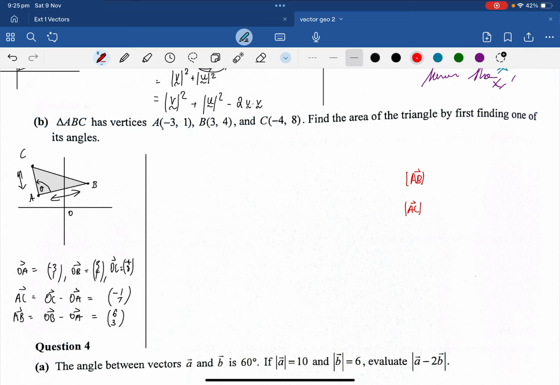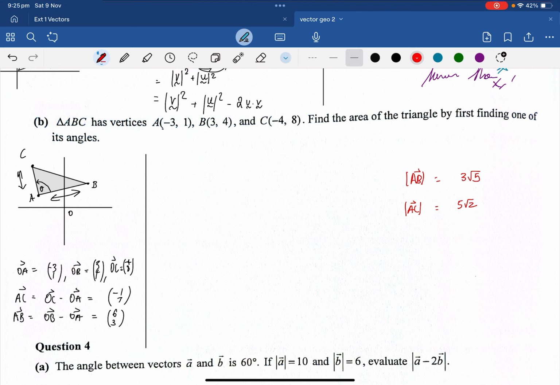AB's magnitude is square root of 6 squared plus 3 squared, which is 3 root 5. And AC's magnitude is square root of minus 1 squared plus 7 squared, which is 1 squared plus 7 squared, which is 5 root 2.